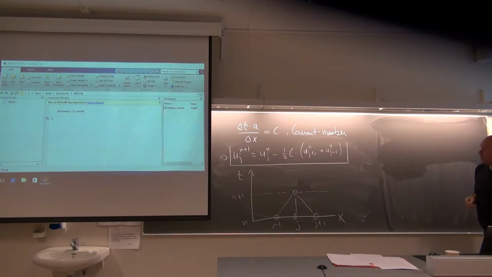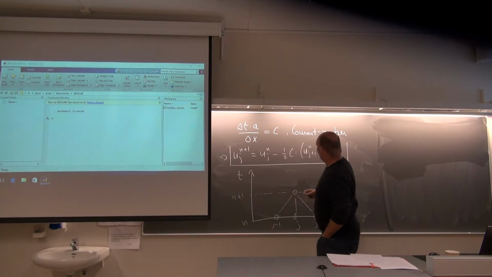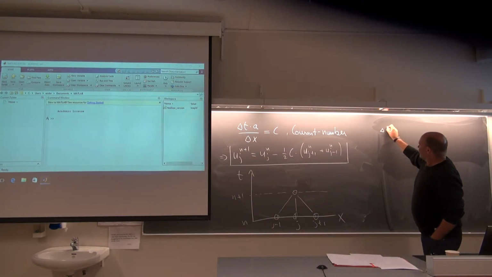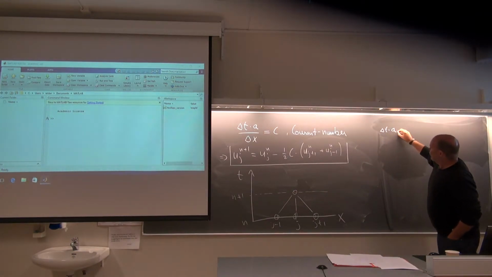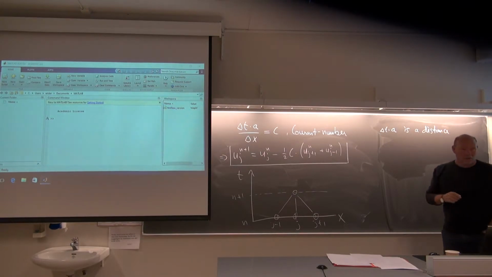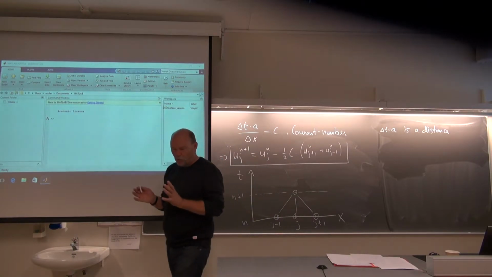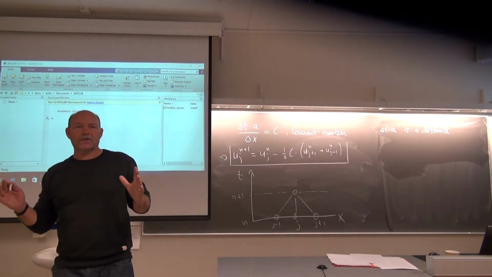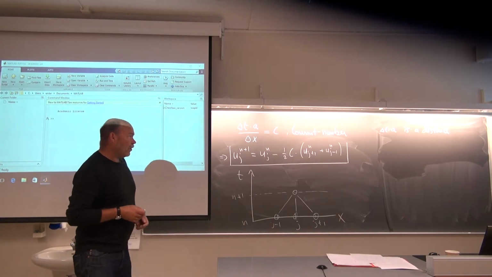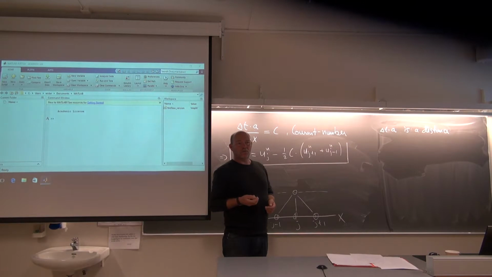So if you now look at this Courant number, what will it represent? Well, delta t times a is distance. This means that the signal is moving a certain distance during one single time step. How far will you be allowed to move during one single time step?